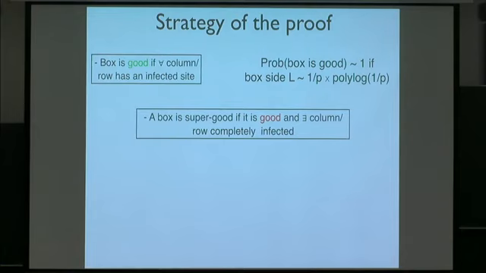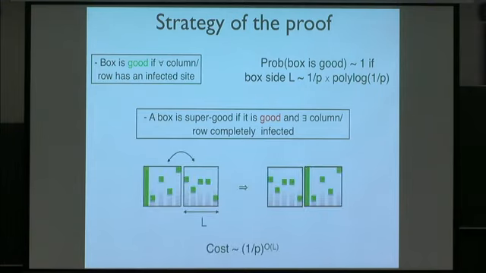And if you take the side of the box 1 over p times some polylog, the probability to be good is very, very high. And then I say that a box is super good if it is good, and also there exists one column and one row that is completely infected. This now is very unlikely, an unlikely event.